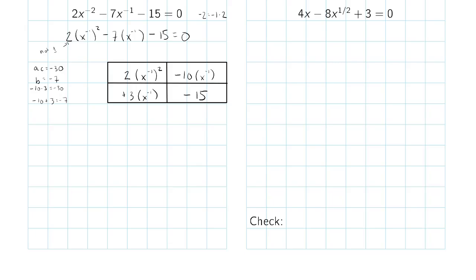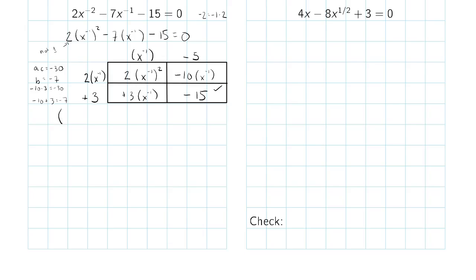In my first row, my common factor is going to be 2 times x to the -1. And then I'll need an x to the -1 here, a -5 here, a 3 here. 3 times -5 really is -15.